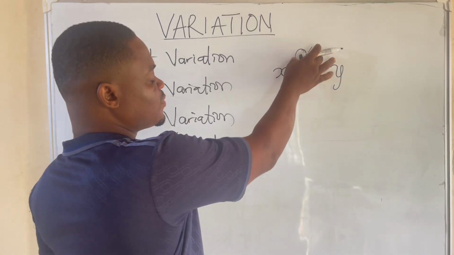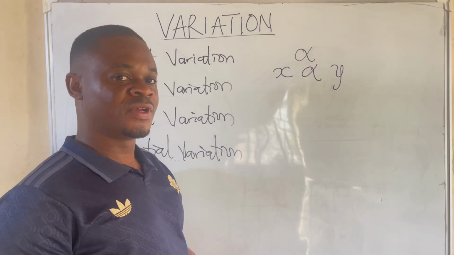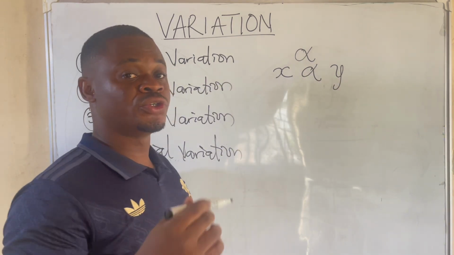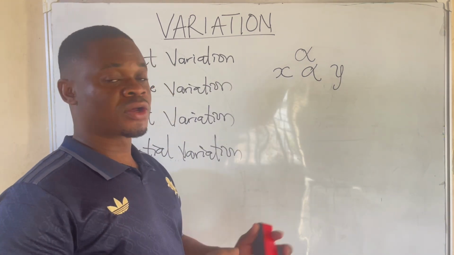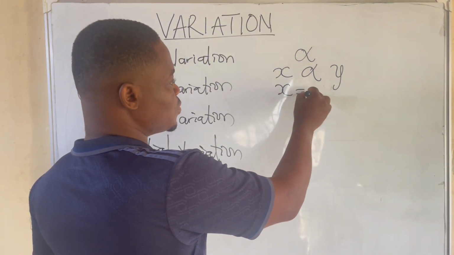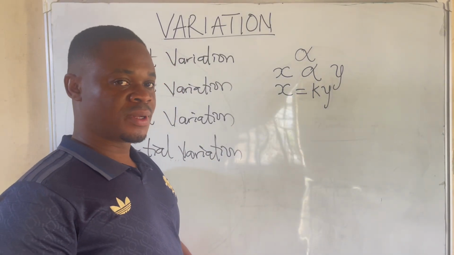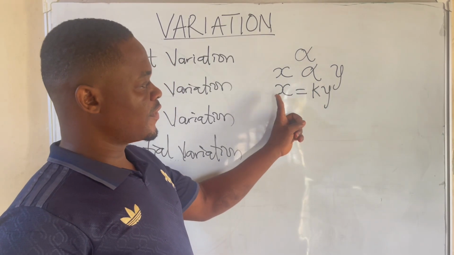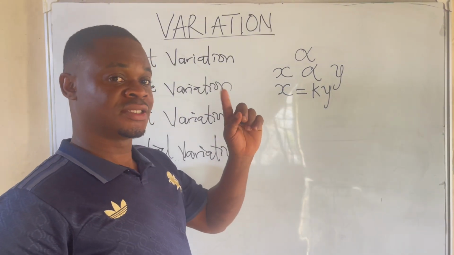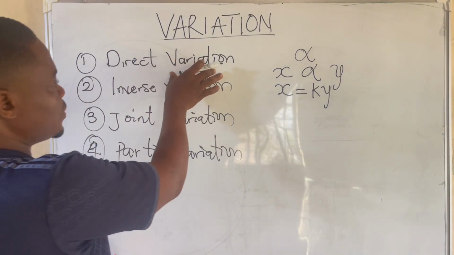And in solving these problems, for us to remove the proportionality sign here, we are going to introduce what we call a constant. We can call that constant k. So here we can say that x is equal to ky. So this is a way we can solve that problem. What it means is that if x is increasing, y is going to be increasing, and there's a constant that will lead to that. So that is the explanation for direct variation.